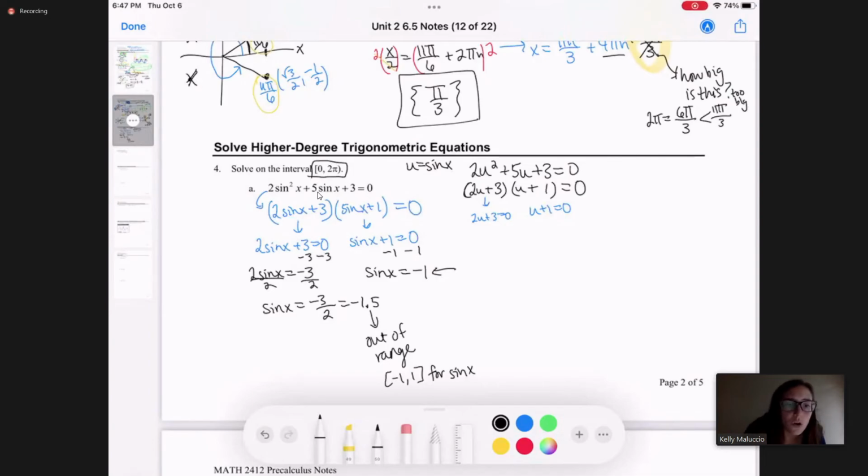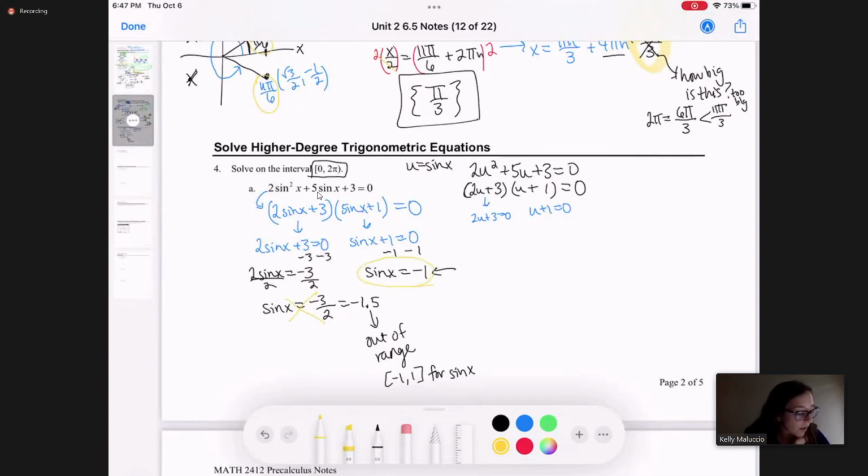This piece is almost like an imaginary solution. You know how if you get x squared plus 1 equals 0, x squared cannot equal -1. Just that same way, sine cannot be -3/2. So this is not going to give a solution. The only one we'll focus on is this.